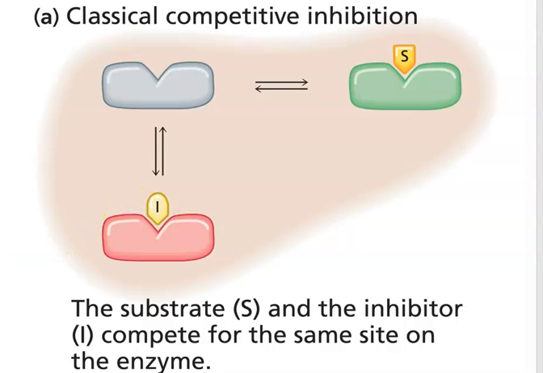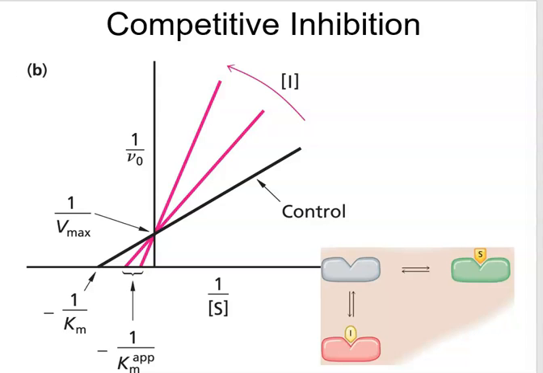Now if we go back to that Lineweaver-Burk plot, we can actually see what happens when we add competitive inhibitor. We can see this normal line without any inhibitor, and with increasing concentrations of inhibitor, this line gets more straight up and down. Let's make sense of this, right?